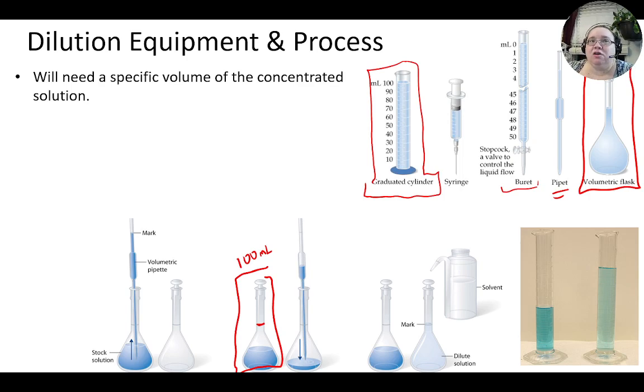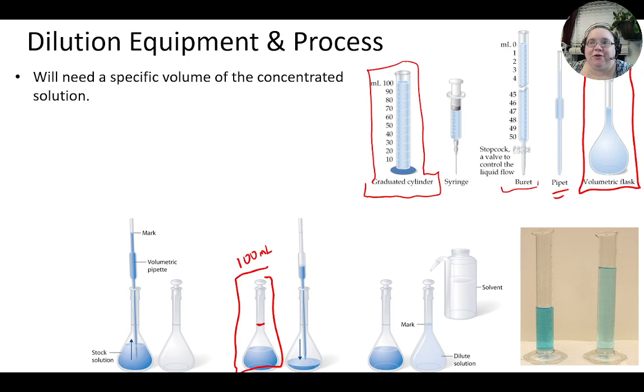It's a really, really long, skinny tube of glass, and it's got a lot of ticks that are spread out over that volume. So it's really easy to see that you have a specific volume of your concentrated solution that you're adding. So what you do is you're like, okay, I know I need 12 milliliters of concentrated hydrochloric acid.